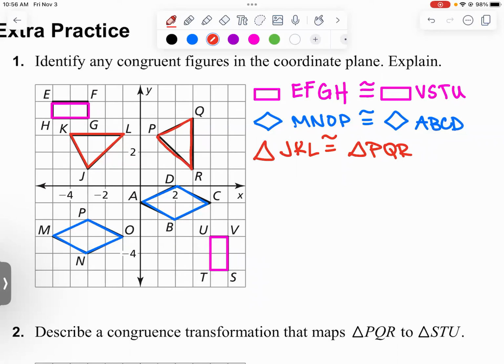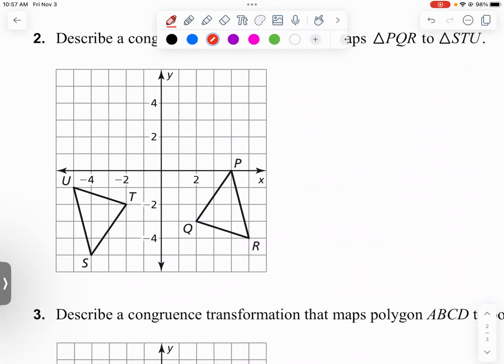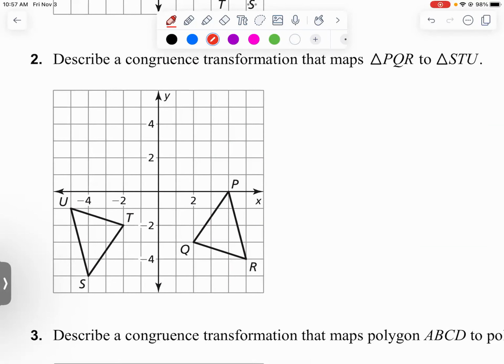What about the triangle? That's also a rotation, right? So what we need to be able to do is look at a picture and figure out what the transformation is, okay? Are these two shapes congruent? Yes. PQR and STU are congruent.